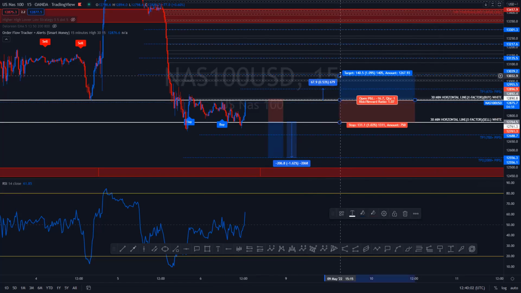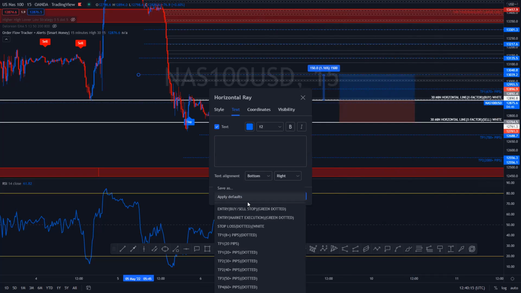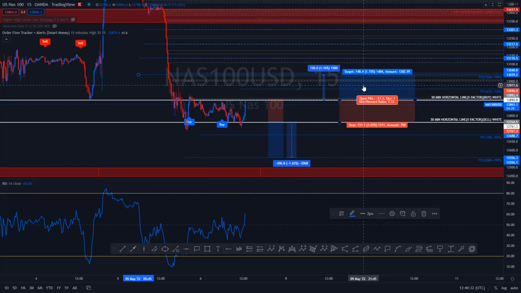And then I'll probably make this TP2 up here, which would be 1,500 plus pips. And that's what I'm going to do as far as that.